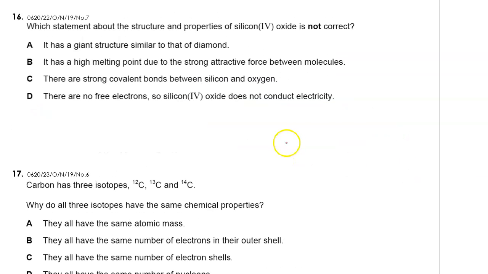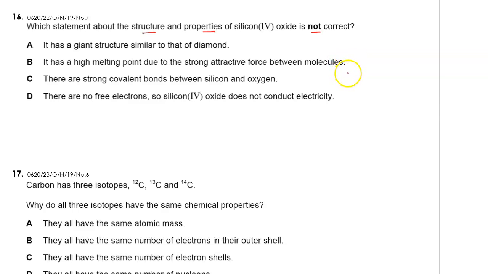Number 16. Which statement about the structure and properties of silicon dioxide is not correct? Silicon dioxide is basically what we refer to as sand.